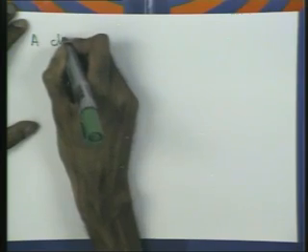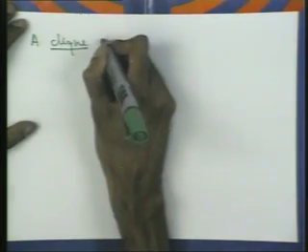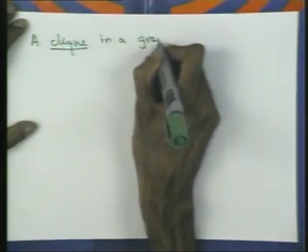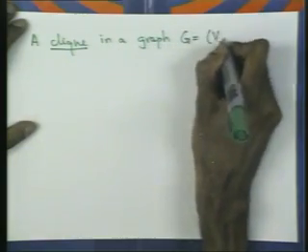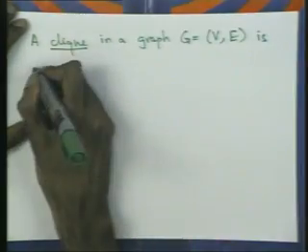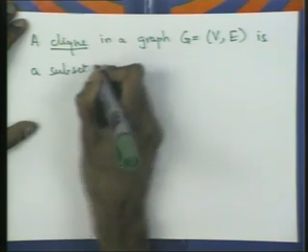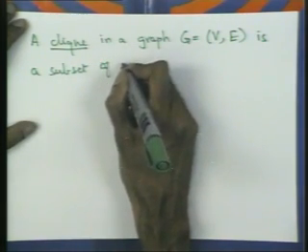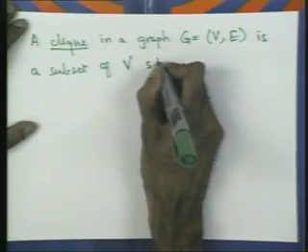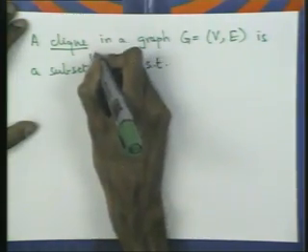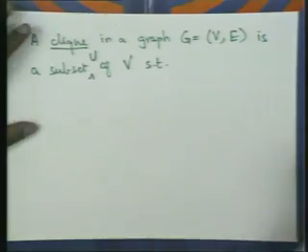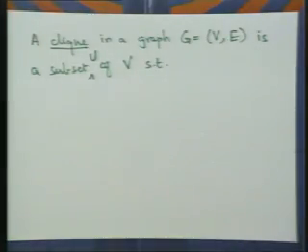So here's the first one. I need to make a definition. A clique in a graph G is a subset U of V such that when I look at any two vertices in U, there must be an edge between them.